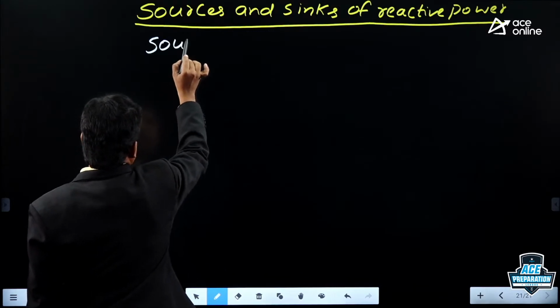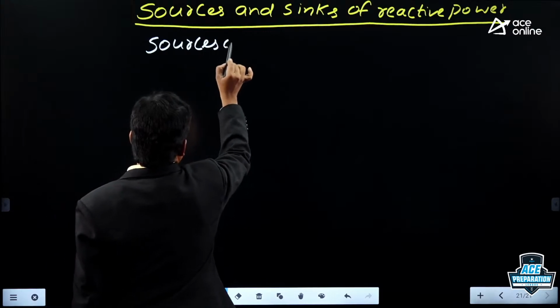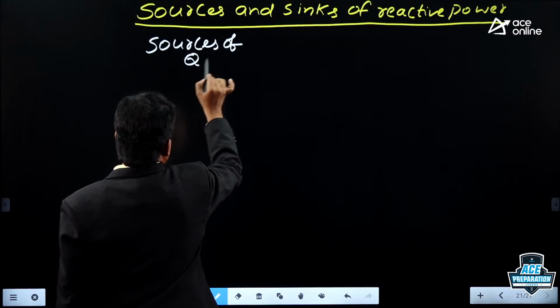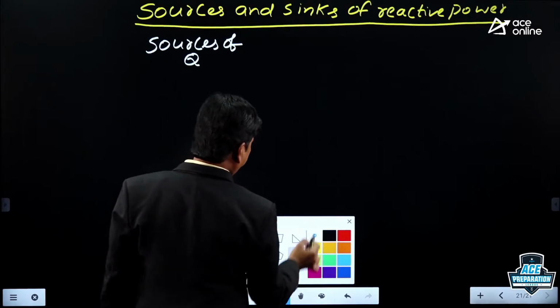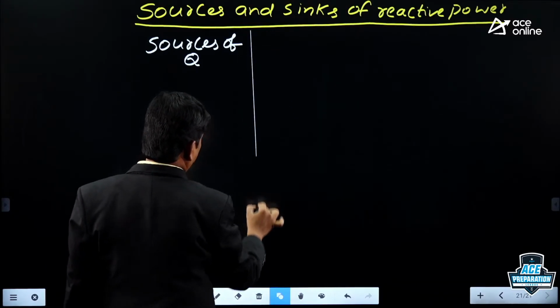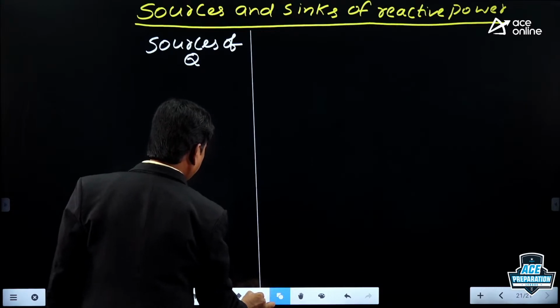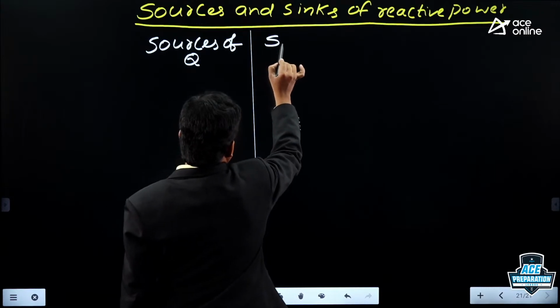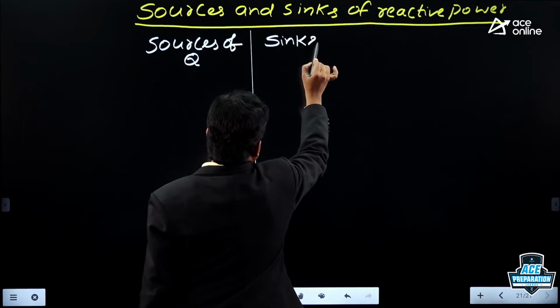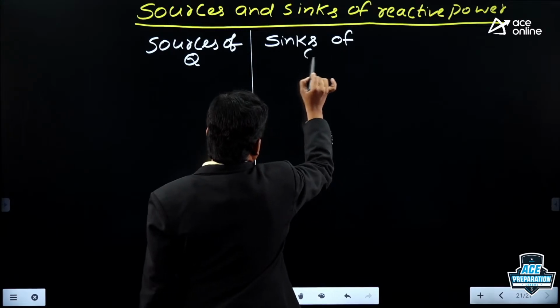Sources of Q, and we'll see sinks of Q also. Sources of Q. Next, sinks of Q. Q means reactive power.